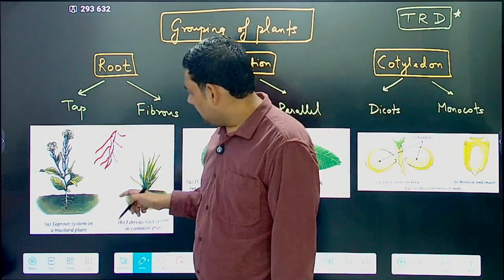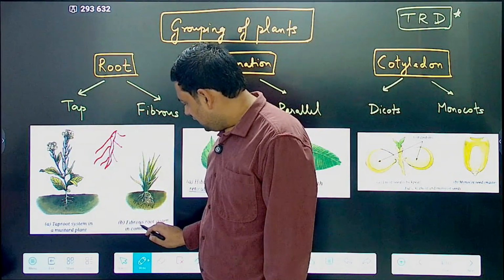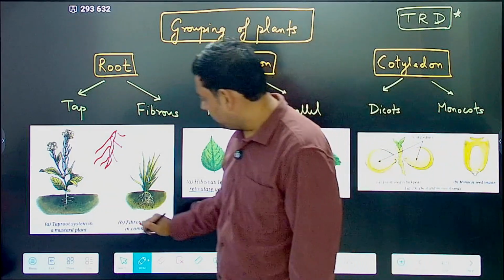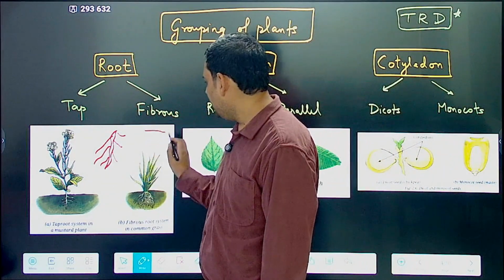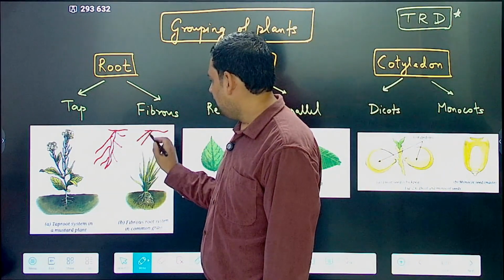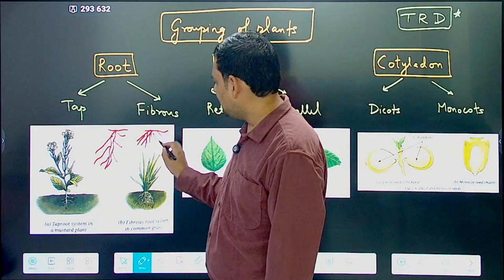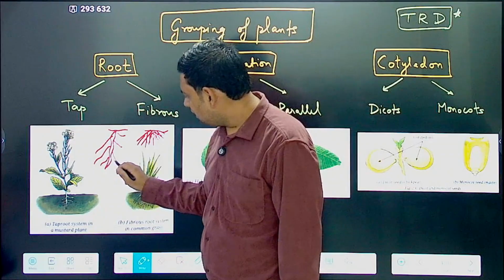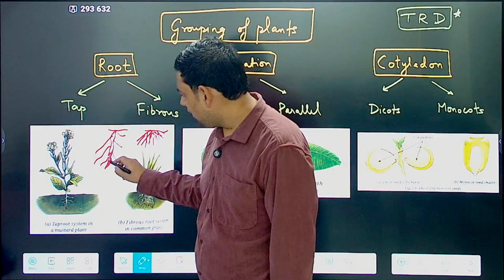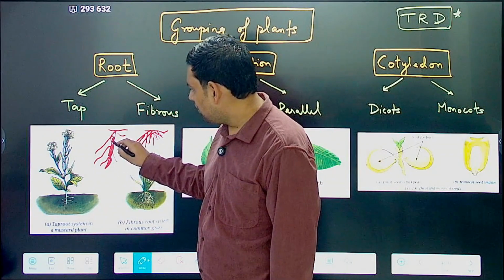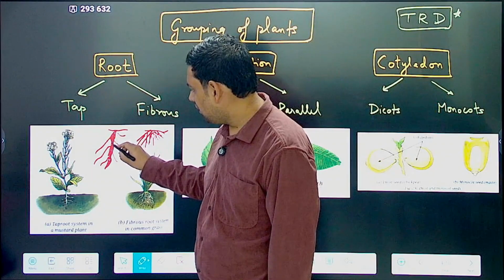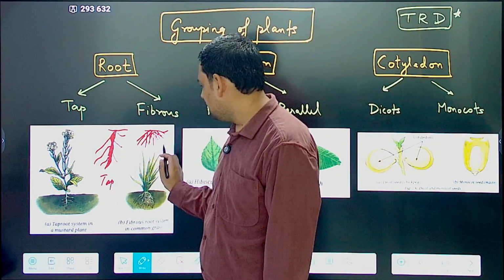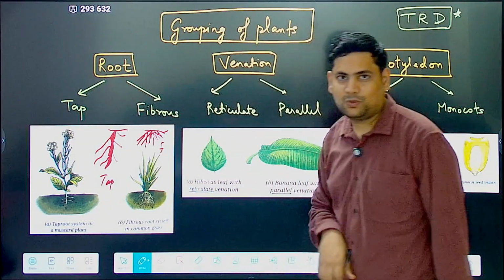Now other than this, there is something else that is known as fibrous root system. In fibrous root system, basically if this is ground, then in all direction you just start having roots like this. There is no singular stem that you had here from which all other root hairs were coming out. This is an example of taproot and this is an example of fibrous root.